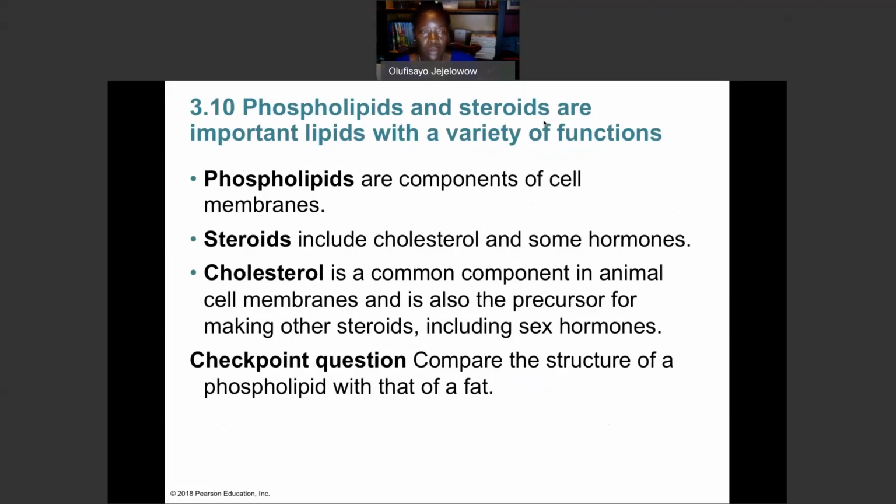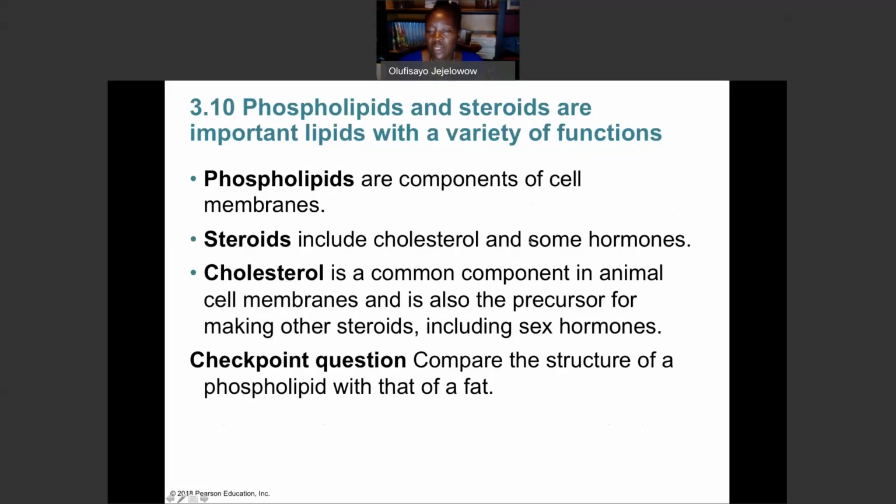Okay, another group of lipids are called phospholipids and steroids, and these are important lipids, and they have a variety of functions in living organisms. Phospholipids are very important. They make up the cell membranes of all living organisms. The biological membranes are made of phospholipids.